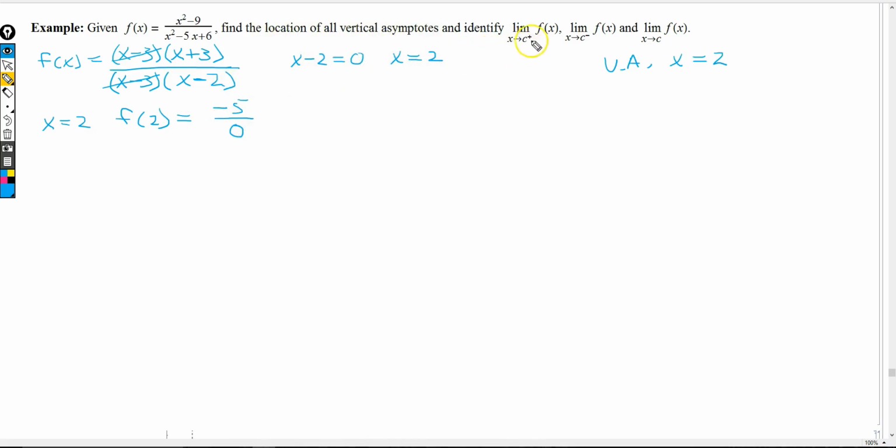Now let's take a look at the right, left, and full limiting behavior near 2. So if we look at the limit, now since I canceled the x minus 3's, I can really just consider x plus 3 over x minus 2. It would be okay to leave those in, but we don't need to. It's a little easier if they're not there.